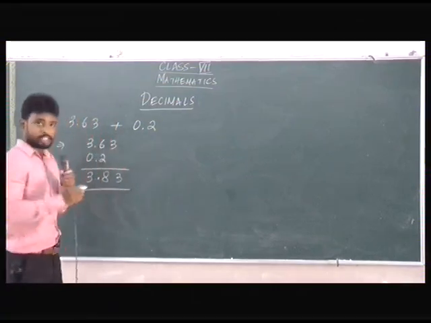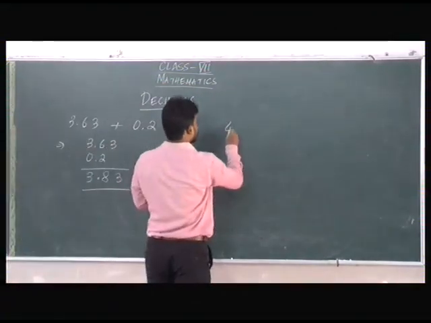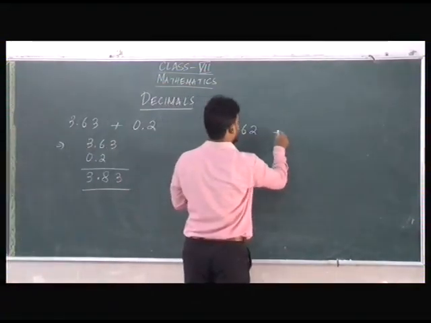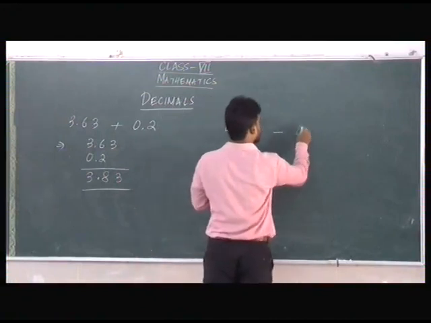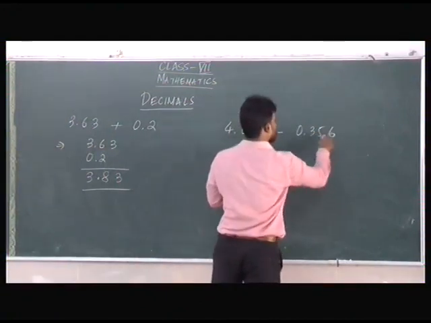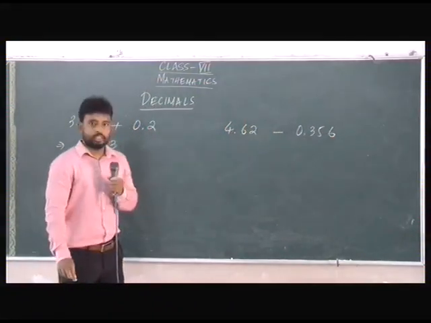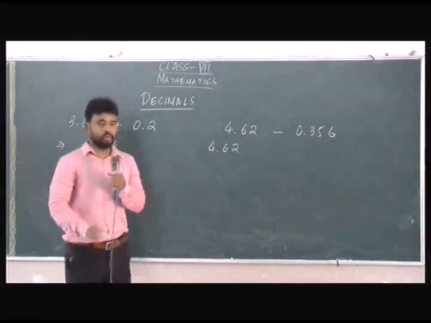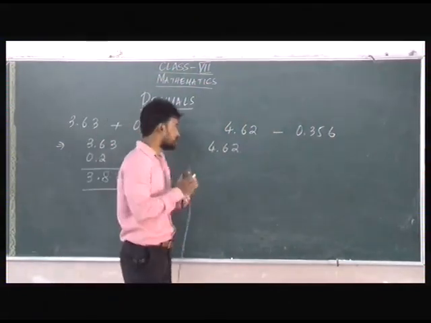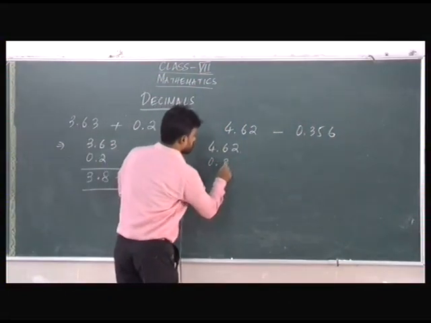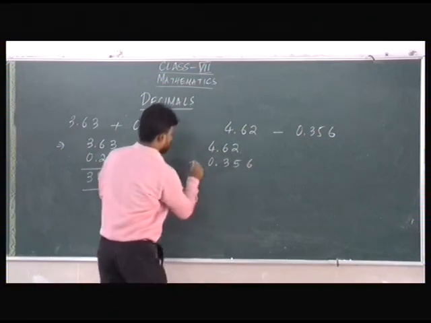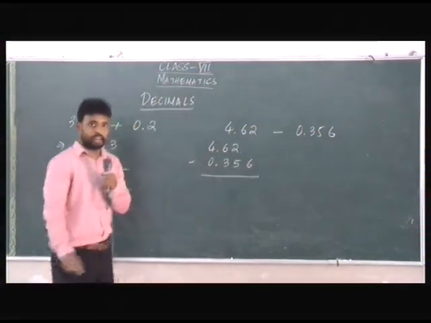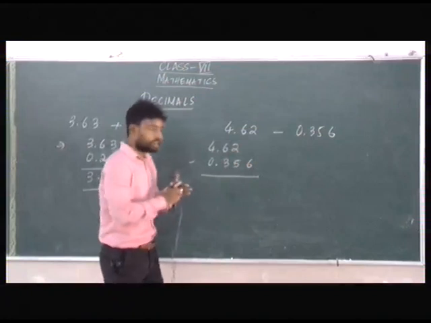Similarly, when we have subtraction, we have 4.62 minus 0.356. So we'll write it as, we want to subtract. Now there is no number here, add a 0.